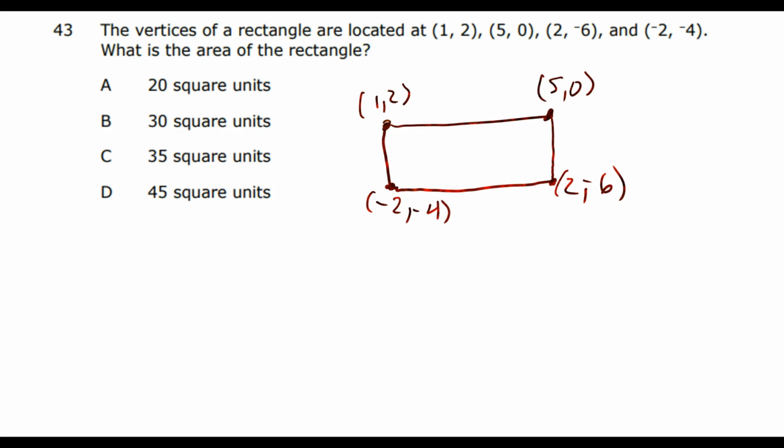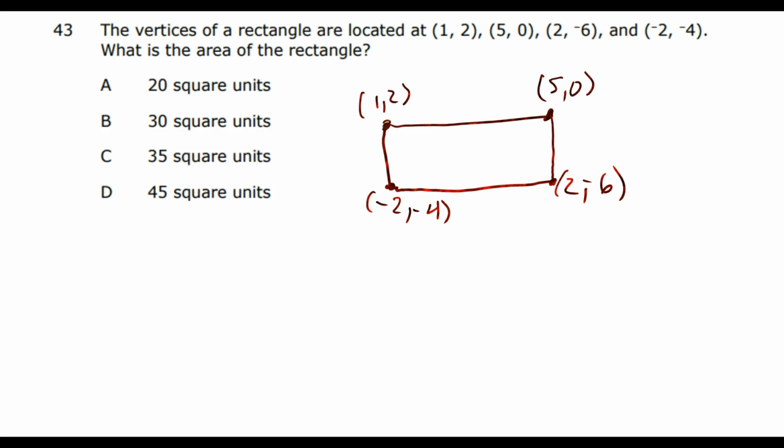But since we have a rectangle, we now need to find the distance between the points. If you drew this and they were diagonals, then you can use the Pythagorean theorem to find the distance between the points, or you can use the distance formula.